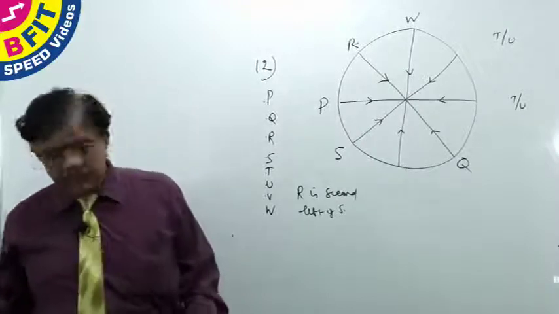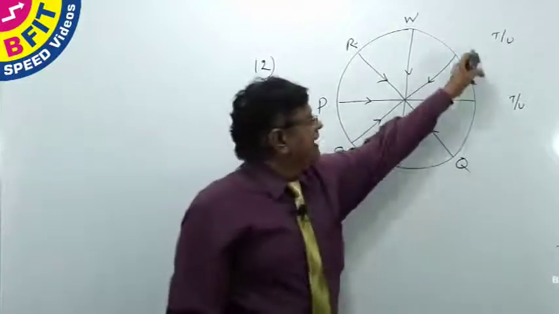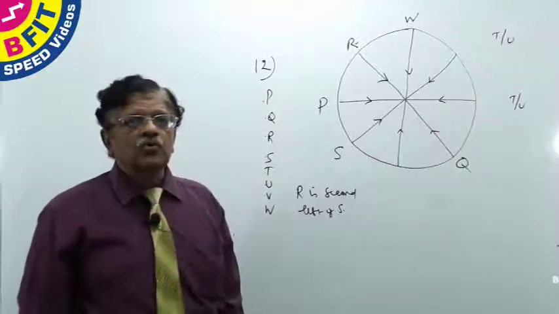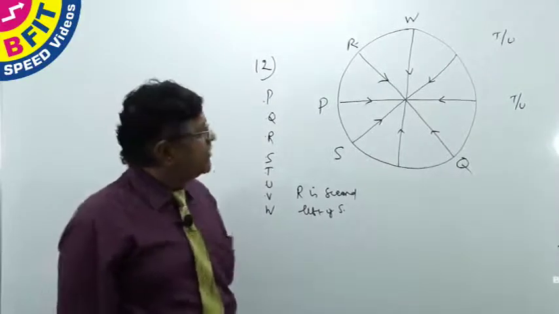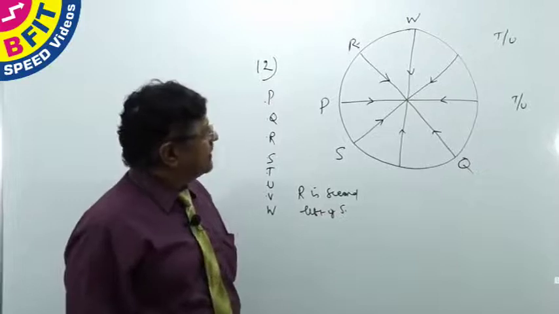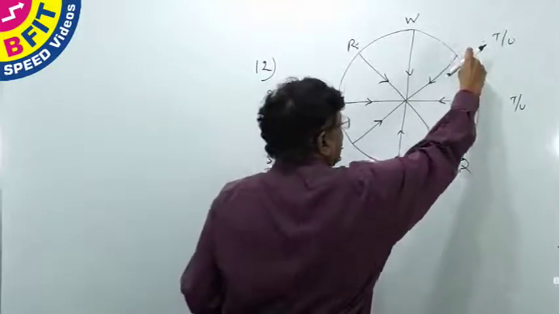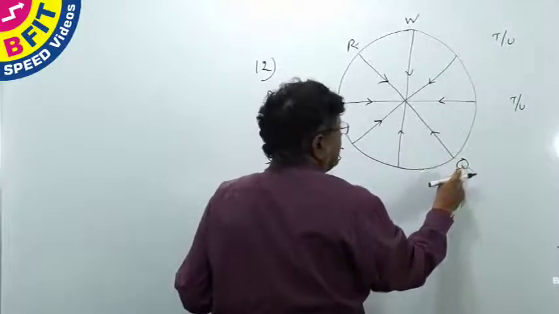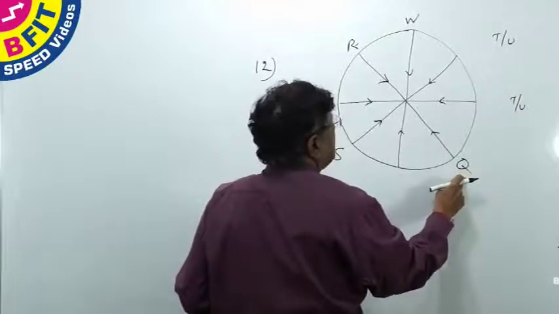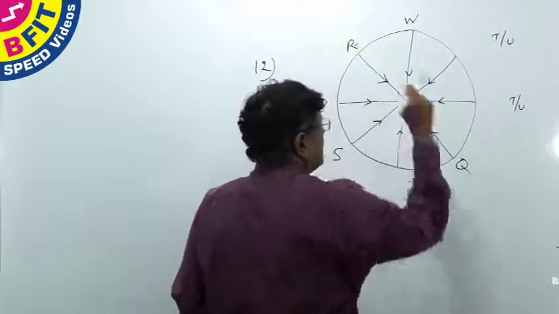Now we have T and U, they have to sit here. We have one more clue. One person is sitting between U and V. So if U is put here, then V has to sit here, which is not possible, or V has to sit here, which is not possible.